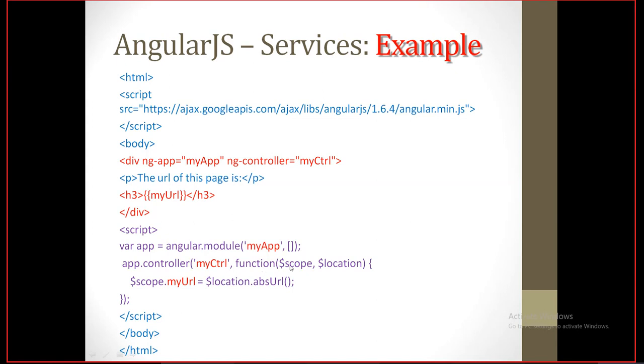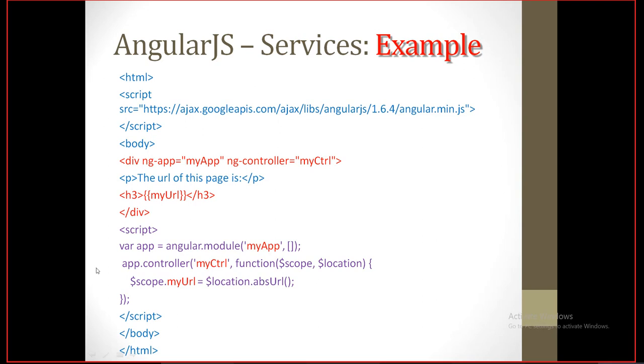Generally controllers were having only one argument, that is the scope object, but now you can see there is another location object also, or location service we can call it. So now what we can do is we are defining the my URL model data or the variable with the URL of the current HTML page.